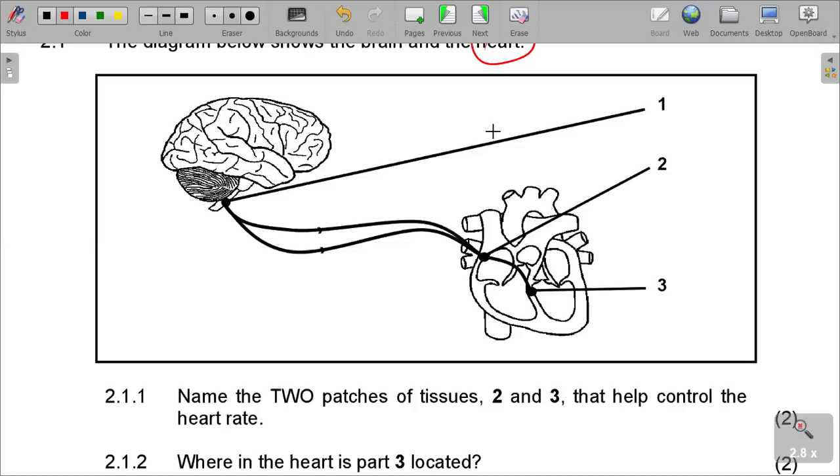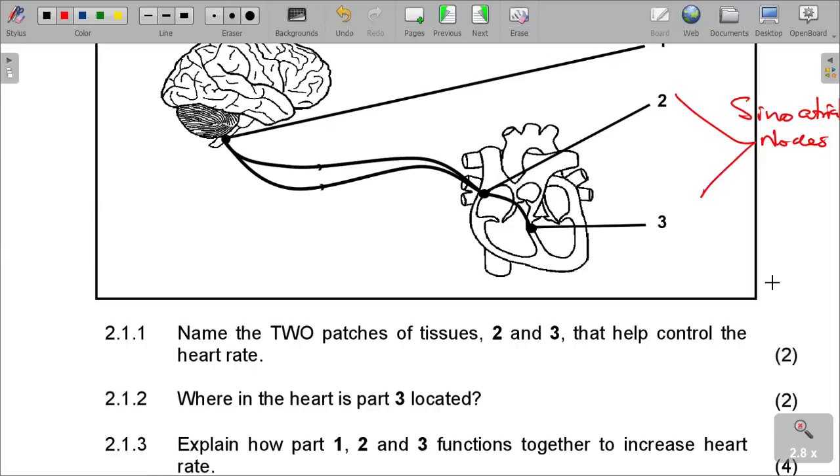These are called what? These are called sinoatrial nodes. 2 and 3, I'm saying these are called what? We call them the sinoatrial nodes, or sinoatrial node. Sinoatrial what?